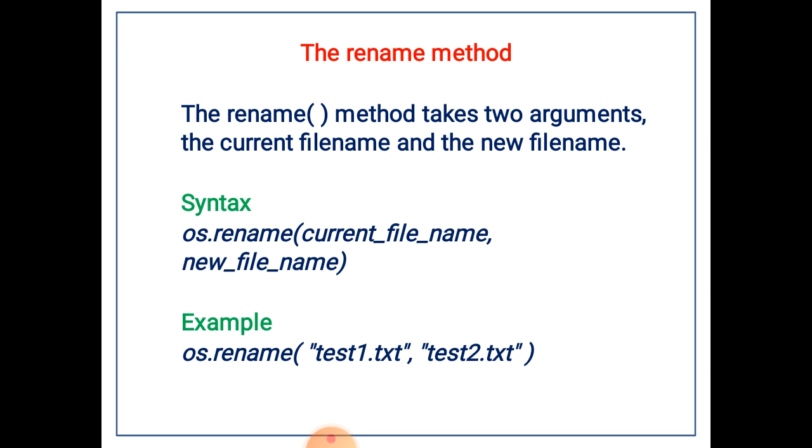That means the current file name indicates what the present file name is, and the new file name indicates what the present file name has to be changed as. So there we have an example: os.rename test1.txt comma test2.txt. That means the test1.txt has been changed to test2.txt. Please have a look on the screen.